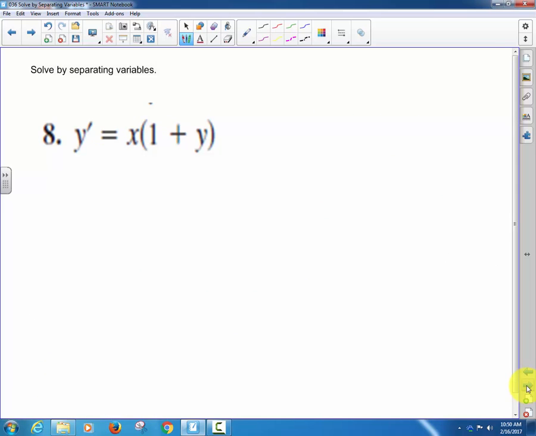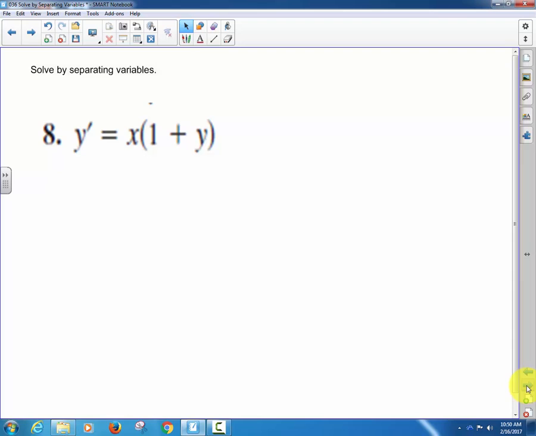All right, let's keep looking at these. Let's look at another problem here. See what you can do with this problem on your own before I jump in. y prime equals x times 1 plus y. So separate the variables, integrate both sides, and just stop after you integrate, okay?